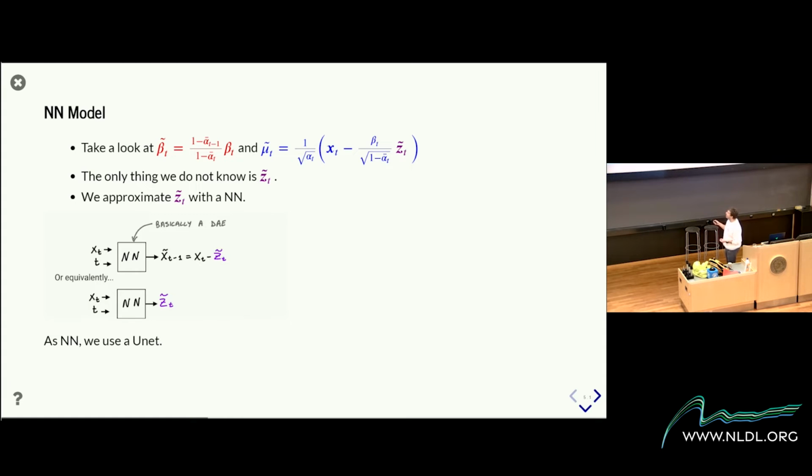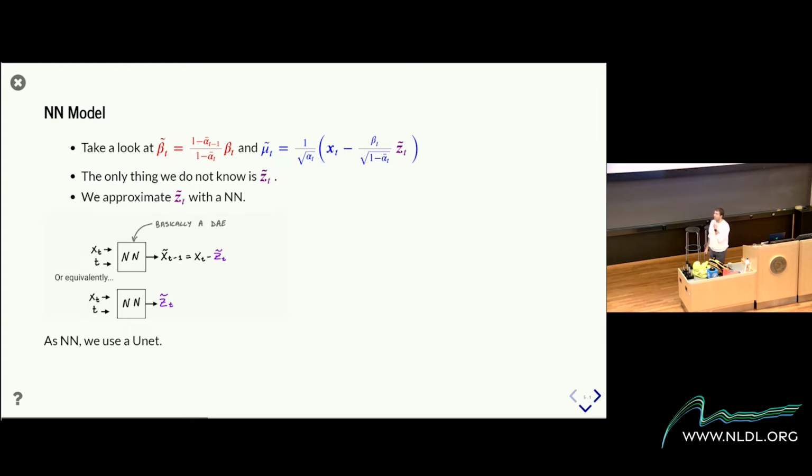The only thing that we don't know is this one. So this is the amount of noise, the noise that was added in the forward process, okay? That we don't know, because now we are going backwards, so we don't know exactly what noise was added at that time in the forward process. So what we do is that we try to approximate this z of t tilde with a neural network.